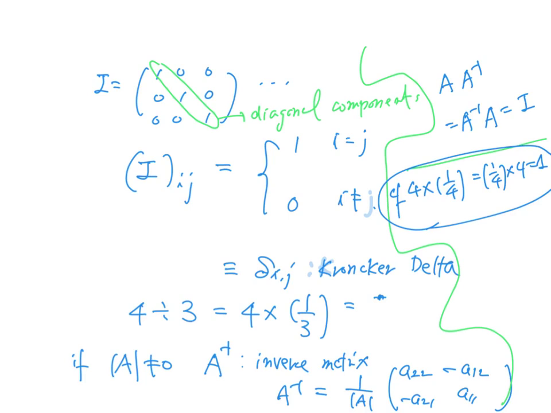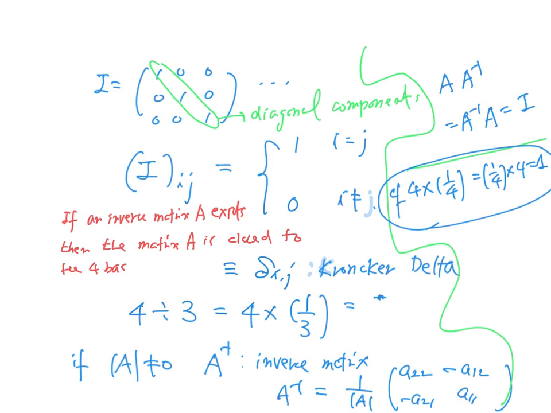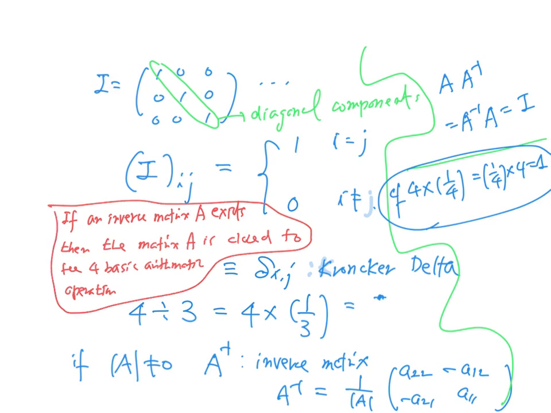So if the determinant is non-zero, then the matrix is closed to the 4 basic arithmetic operations. So for n by n matrices, the collection of non-singular square matrices is closed to the four basic arithmetic operations.